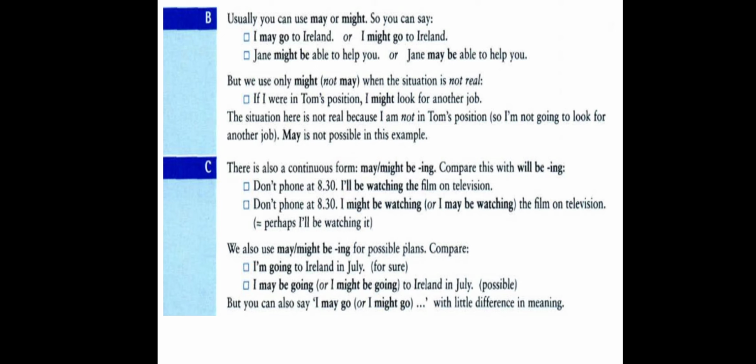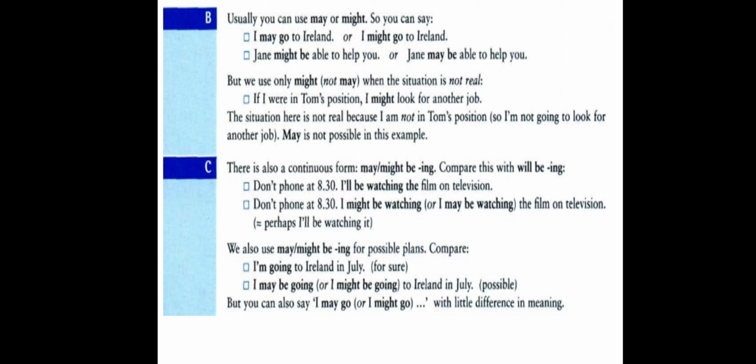If the plans are possibility only, then we use may and might before am, and am is changed into its base form be. Then it becomes I may be going or I might be going to Ireland in July. And here we speak about possibility and possible arrangement in the future.